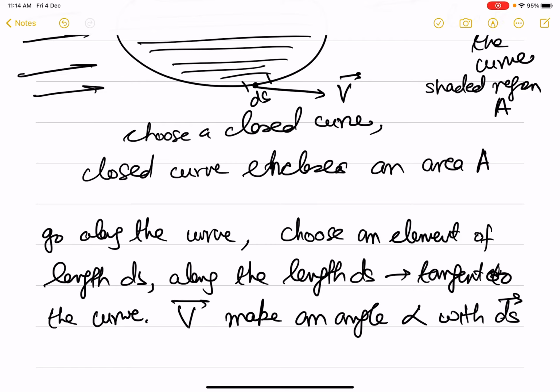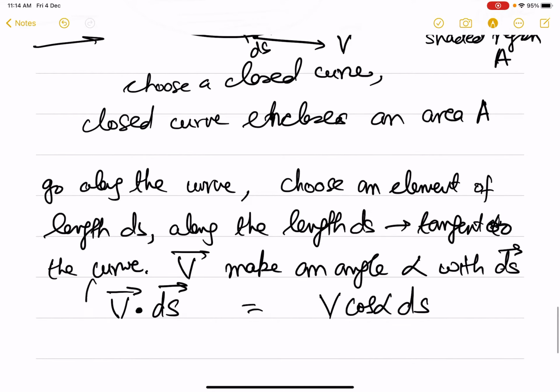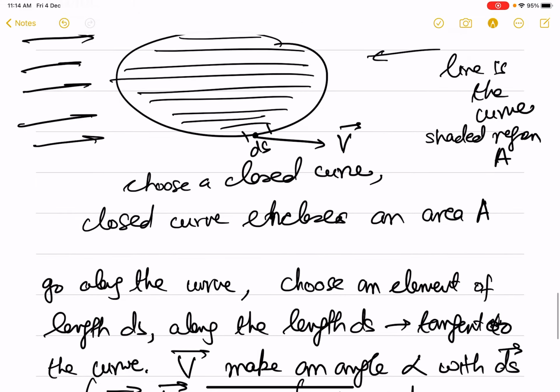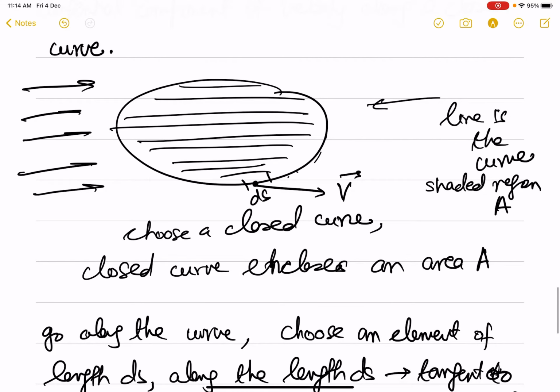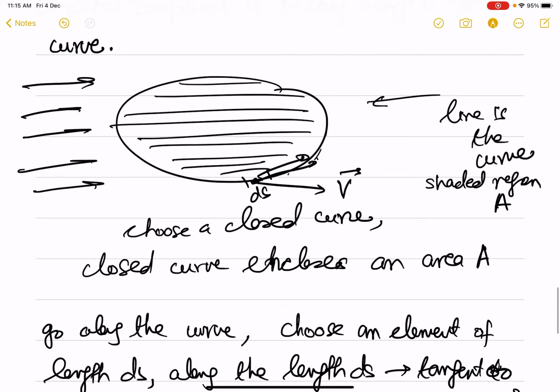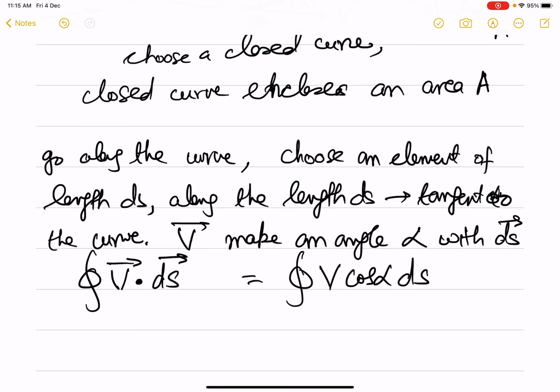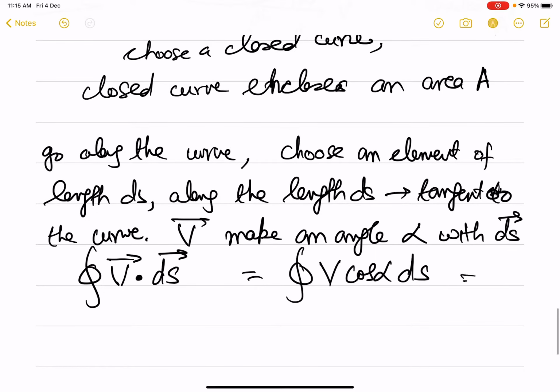So we take the velocity v dotted with ds, which in scalar terms is v cos alpha ds, and we integrate this along the entire closed curve. We go all around the curve and calculate this, and this quantity for that closed curve is what we call the circulation.